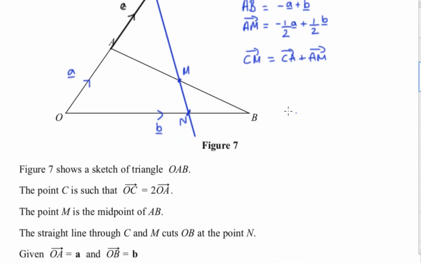So C to M is going to be minus A, because I'm going back along here again, plus A to M. So minus another half of A plus a half B. So C to M therefore is negative 1.5 A plus a half B.